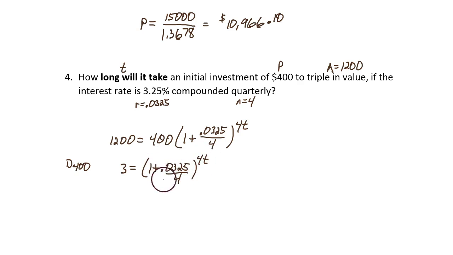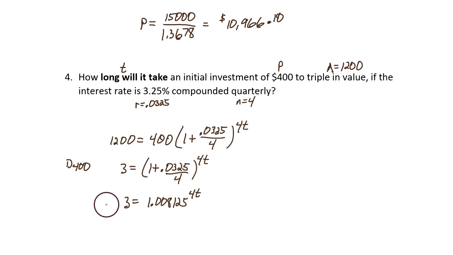Next, let's figure out what this number inside the parentheses is as a single number. So type that part in the calculator. 1.008125. And that's to the 4t exponent. The variable t is in the exponent. Here's where we need logarithm.